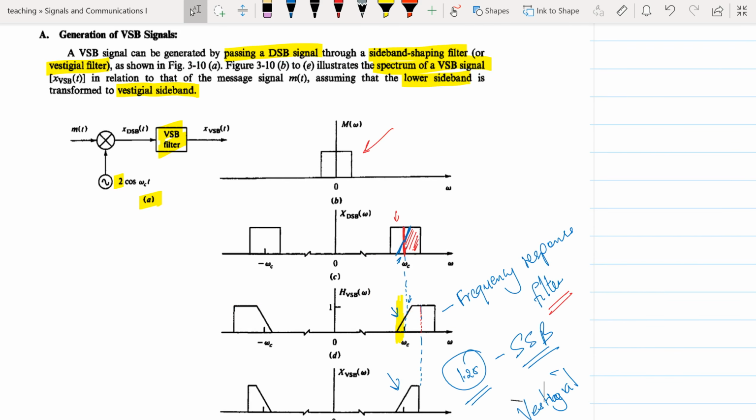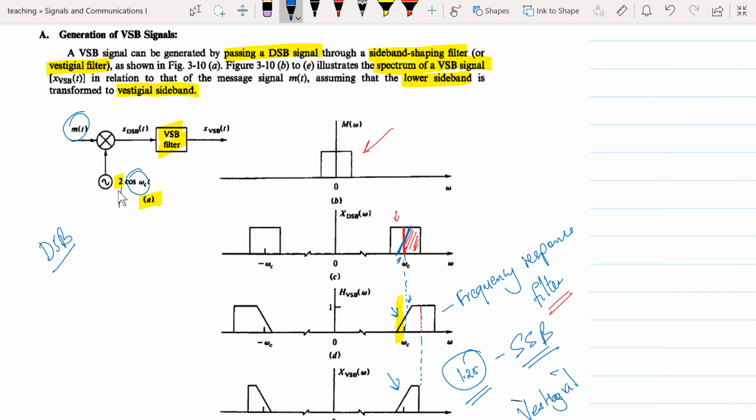So we generate the vestigial sideband signals as follows. The first thing is that we follow the same idea like we have done before to generate the double sideband modulation. Therefore, after we multiply the message signal with the carrier frequency, this is what we achieve by the initial modulation, the double sideband modulation.